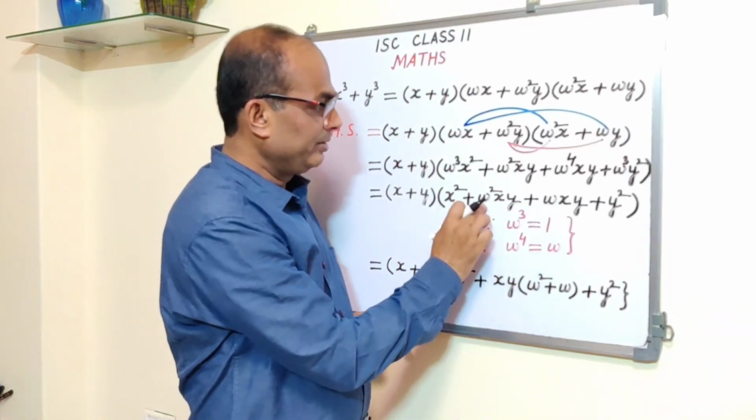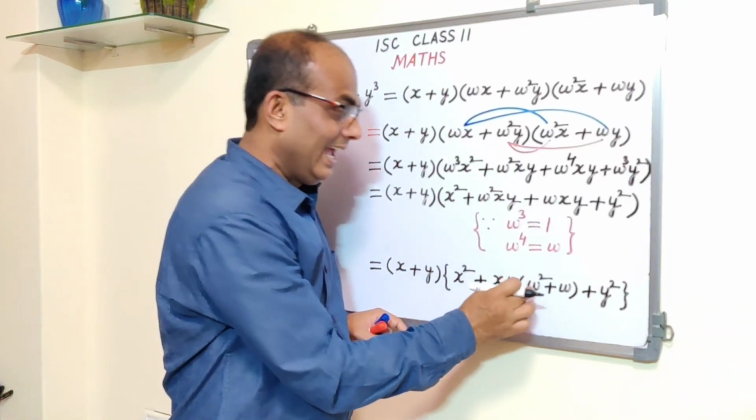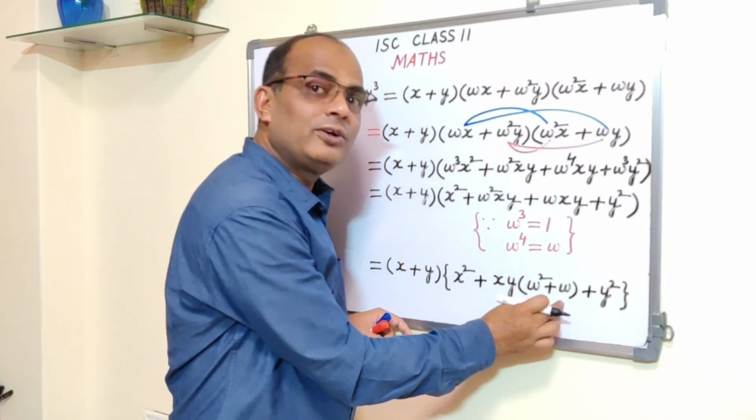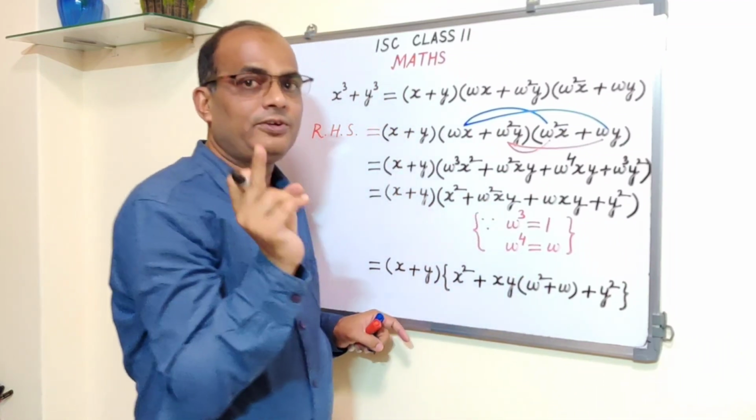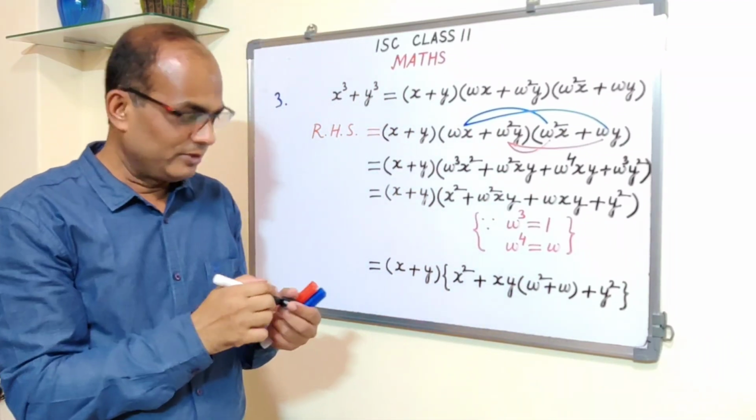xy common, so you get omega square plus omega. And omega square plus omega is equal to minus 1, because you know 1 plus omega plus omega square equal to 0 from there, right?